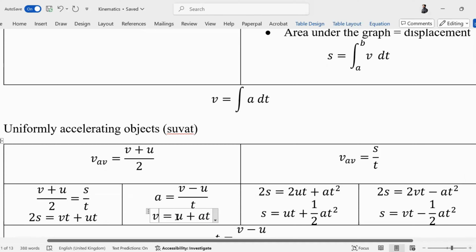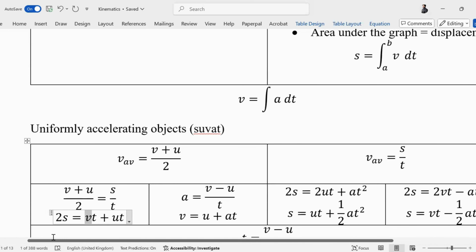Now can I substitute this v in place of this equation? v की जगह can I plug in u plus at? Do it. इस v की जगह u plus at डालो. क्या आएगा? 2s is equal to 2ut plus at square.